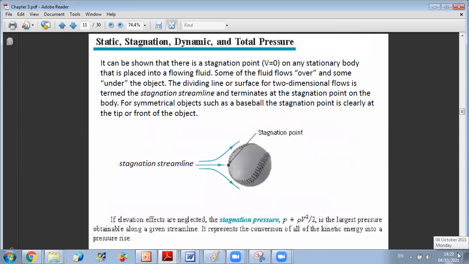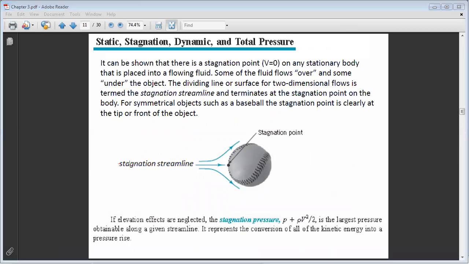Now, let us define what a stagnation point and a stagnation pressure are. If you have the following flow over a ball, for one of the streamlines you have a point that is characterized by zero velocity. When the streamline comes in contact with your ball, due to the no-slip condition, it will be forced to come to a velocity of 0.